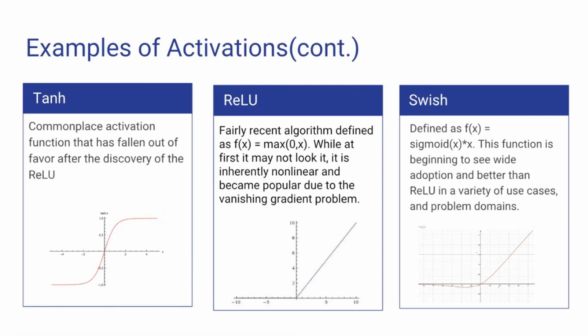So next we have the ReLU, simply a rectified linear unit. And after this was discovered, it really, really quickly became popular. It has a number of properties that improve convergence over, let's say, TAN, when applied in the hidden layers, and especially because it does not suffer from the vanishing gradient problem.